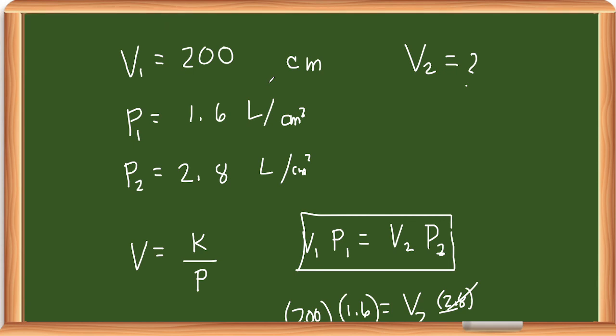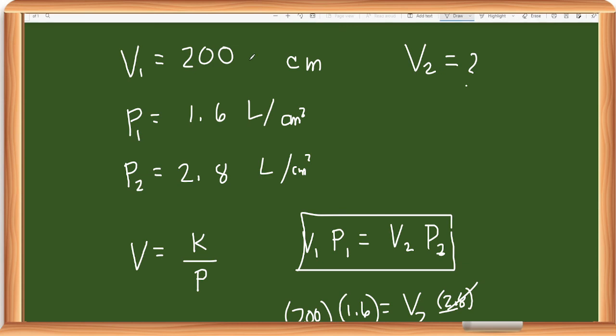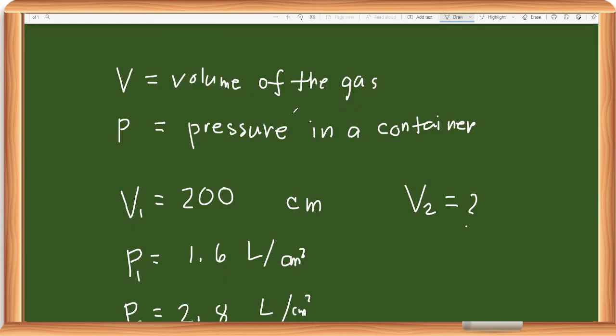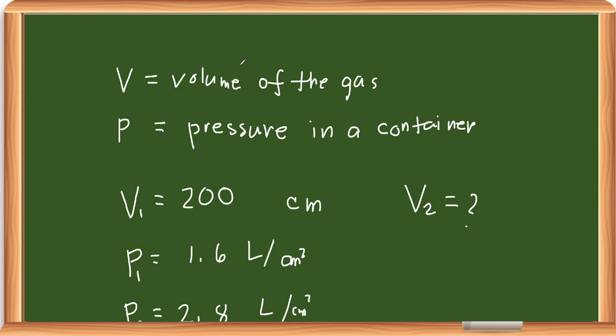Okay, so I think that's it. Yun na lang siguro ang magiging example natin sa inversely proportional or varies inversely or inverse variation. No? So, on our next video, we're going to talk about joint variation and then yung combined variation.